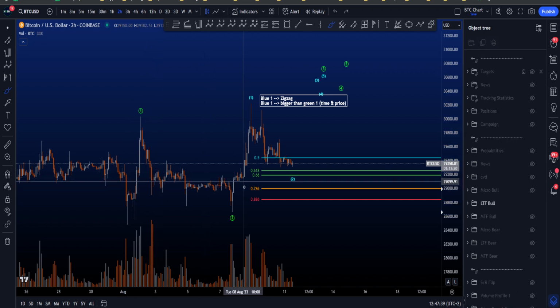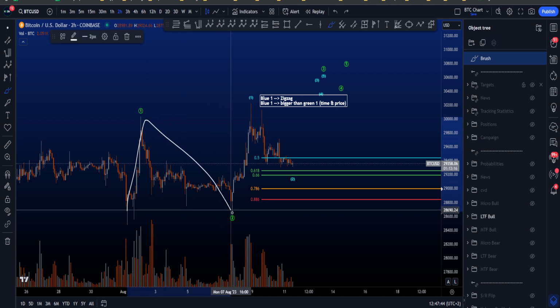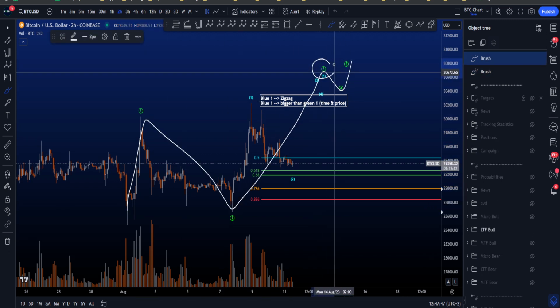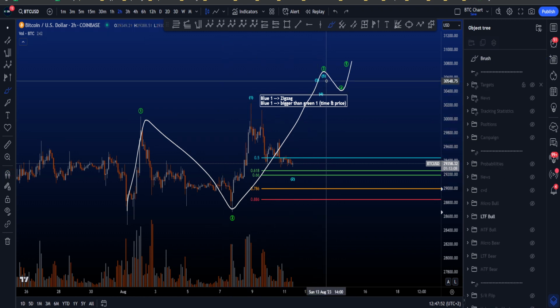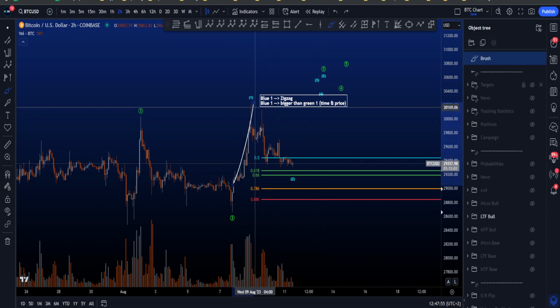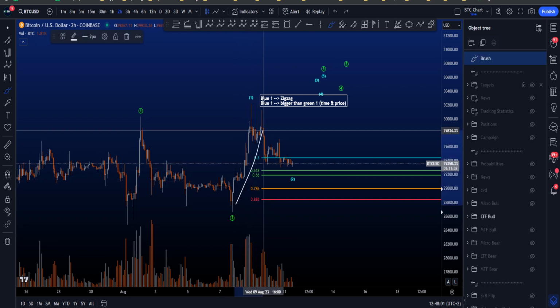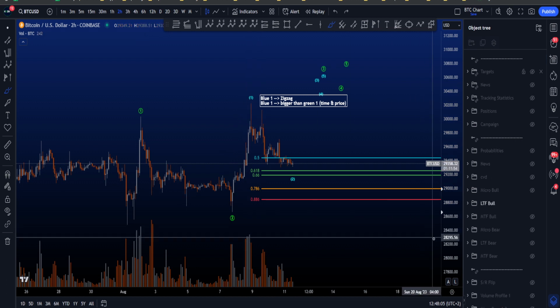And if we look at this blue count being the lower degree count, because the green count is the higher degree count, you expect the green count to be like this, and then inside wave 3 you have the blue count, meaning the blue count is a lower degree count compared to the green count. You actually want to see the second wave 1 being less, or at least shorter in time, and also shorter in price. So this again does not really work with the probabilities for the bullish scenario.